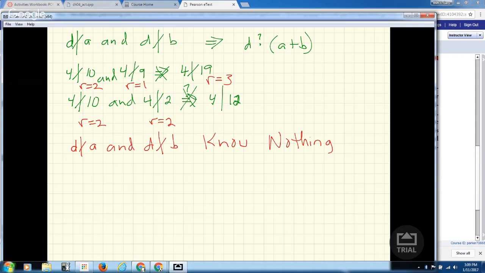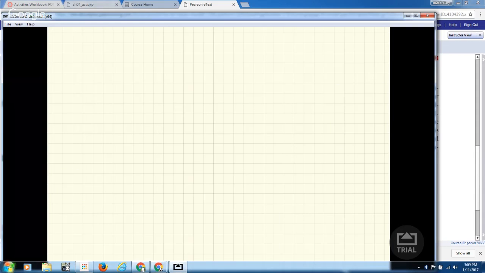So let's pick on the number 12, for example. So 12 has divisors. 12 also has multiples.